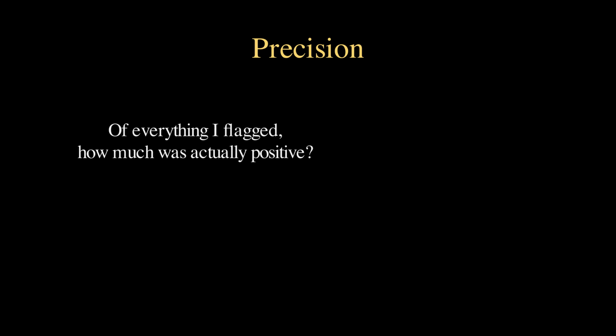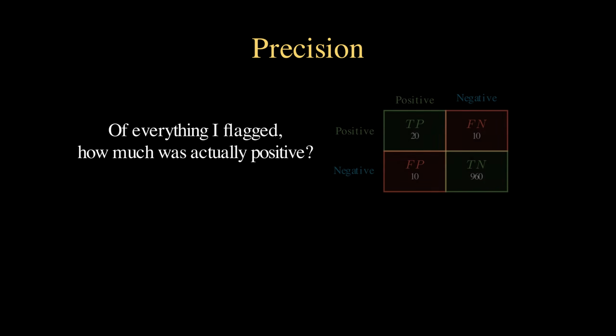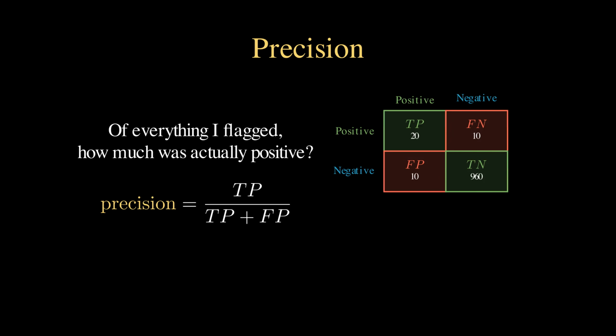So let's ask a sharper question. Of everything I flagged as spam, how much was actually spam? That ratio has a name. It's precision. True positives divided by true positives plus false positives. Look at the whole predicted positive column and ask what fraction of it was right.